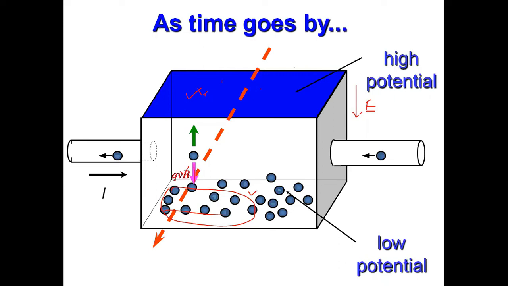Therefore, we know that if E_H is the Hall field, then the force exerted on that electron is Q into E_H. And these two forces, one due to the electric field and one due to the magnetic field, are opposite to each other, and at steady state their magnitudes are the same, so they balance each other.